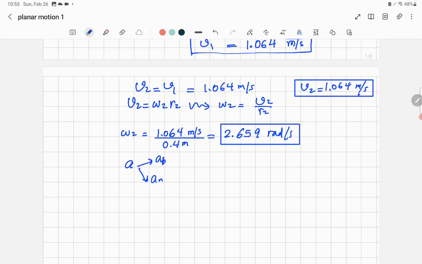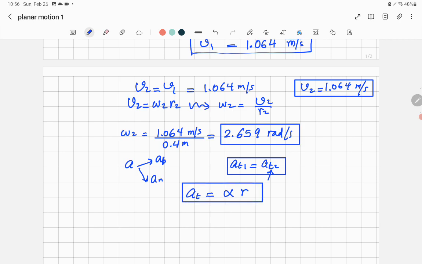The tangential one is easy because we know that AT1 is equal to AT2. To find AT2, I have to find AT1. How do we do that? What's the acceleration in general? The tangential component of the acceleration is equal to the angular acceleration times the radius.